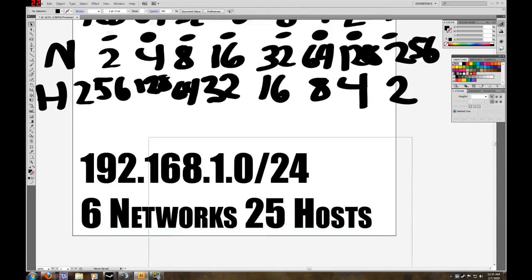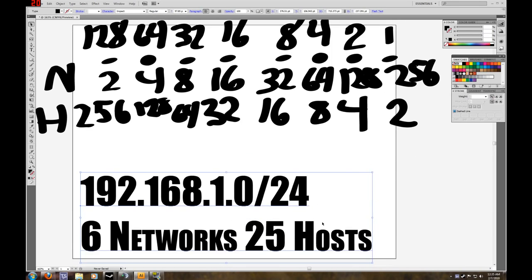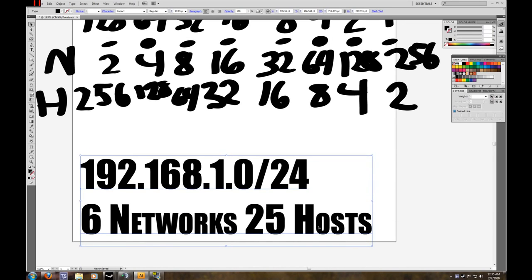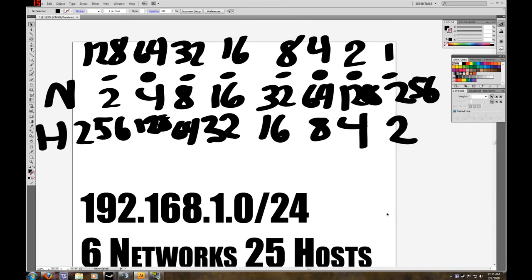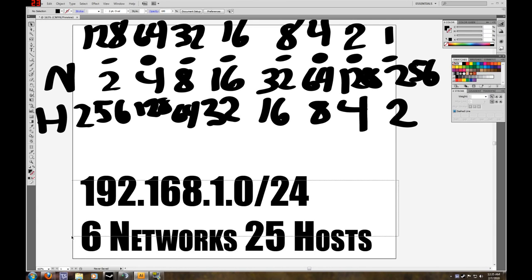So your boss comes in and says, this IP address we have, we need to subnet this. And so you can reply back to him, no problem. This is a Class C address, and we're going to be subnetting it to meet our requirements. The part of our IP address that we cannot touch is 192.168.1.